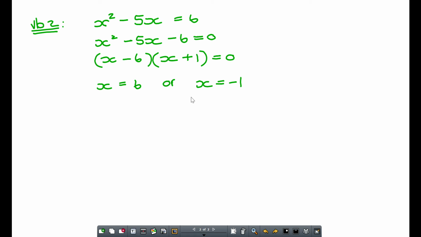Nou, spits gou daai ore. Julle sal hoor ek praat van how many solutions does it have, met ander woorde, hoeveel antwoorde is daar vir x? 2. Okay? You might have heard that when we did functions, toe ons funksies verlede jaar gedoen het, het ons gesê, wat is die wortels van hierdie grafiek?